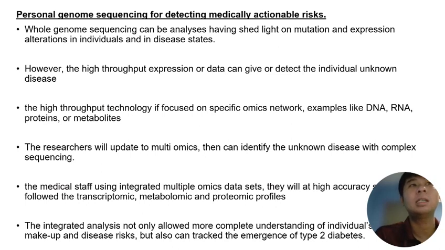So next, personal genome sequencing can detect medically actionable risk, meaning it can note early signs for diagnosis. The high-throughput technology will focus on specific omic networks, for example DNA, RNA, protein, and metabolites.